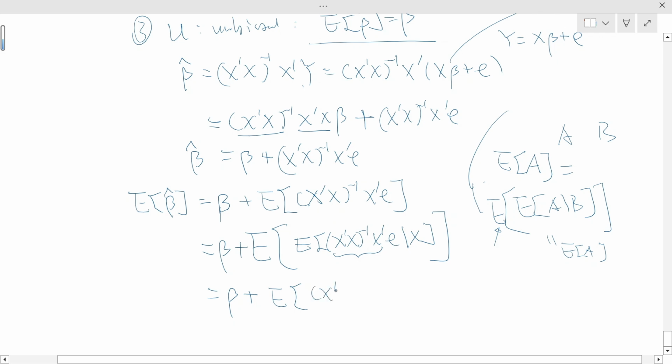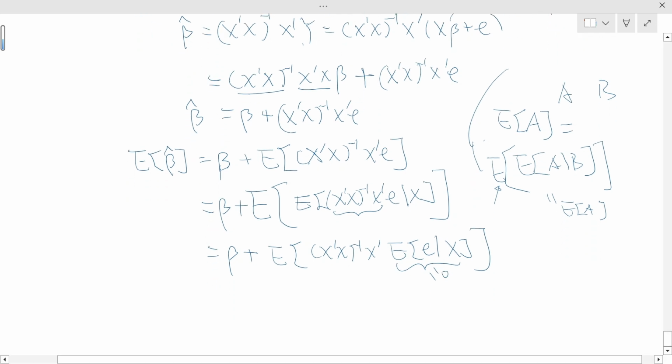It becomes (X'X)^-1 X' E[e|X]. By the strict exogeneity assumption, this is equal to 0, and 0 times the term gives 0. So the whole term is 0. Now we have shown that the expected value of beta hat is beta, so our estimator is indeed unbiased.